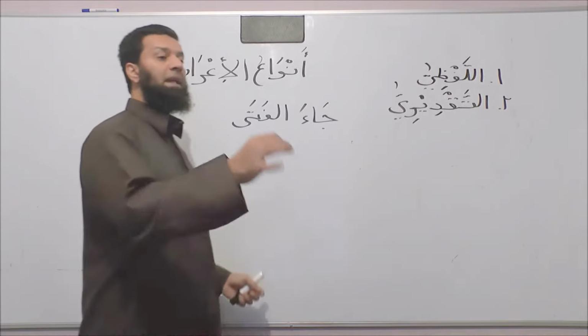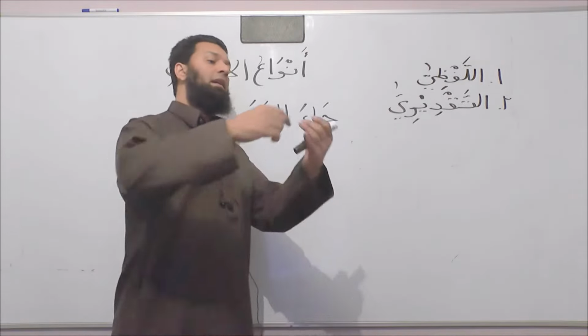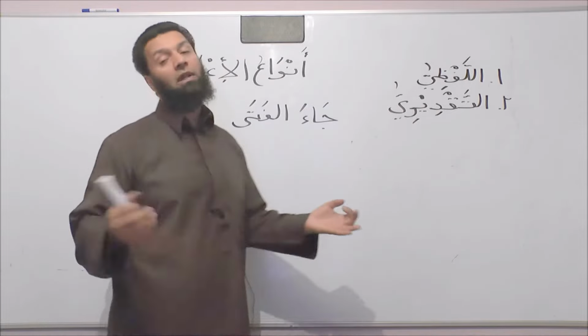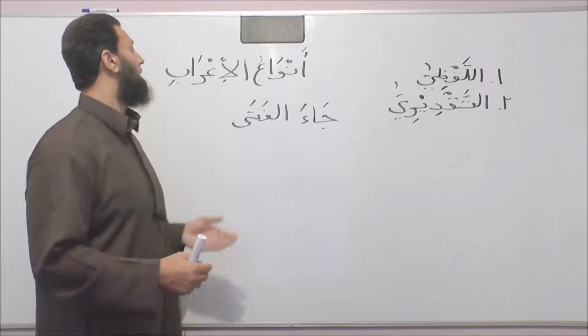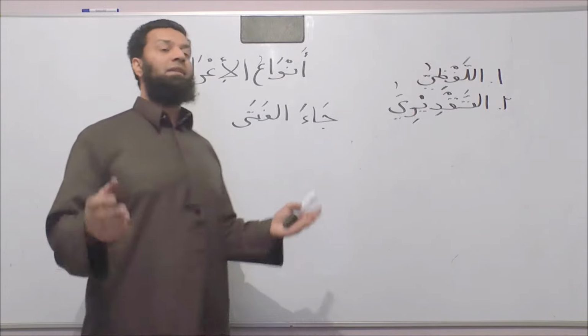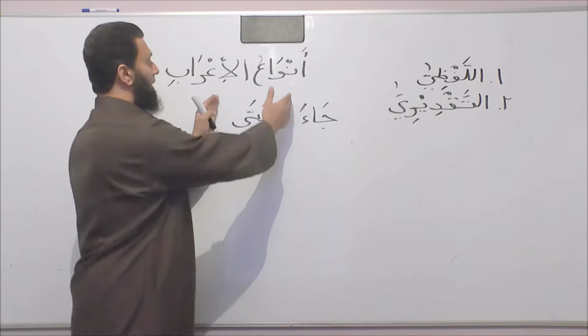Therefore, we cannot say that the indicator of al-fata being marfu'un is الضمة الظاهرة على آخره. We cannot say that because there isn't a damma on the end. So how do the grammarians describe al-fata?